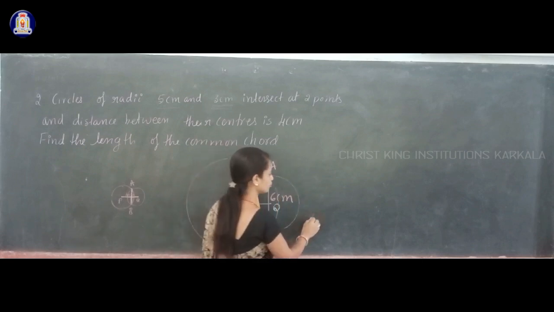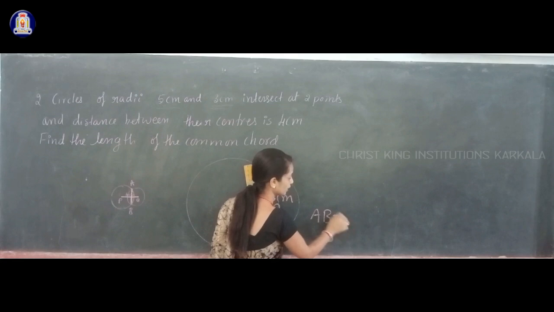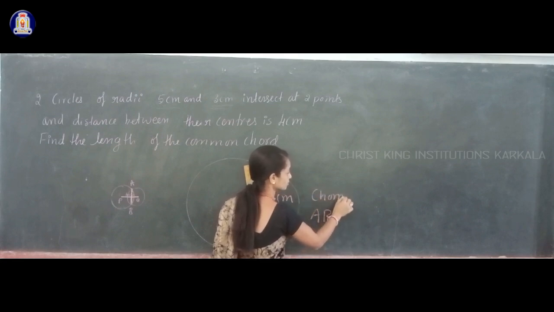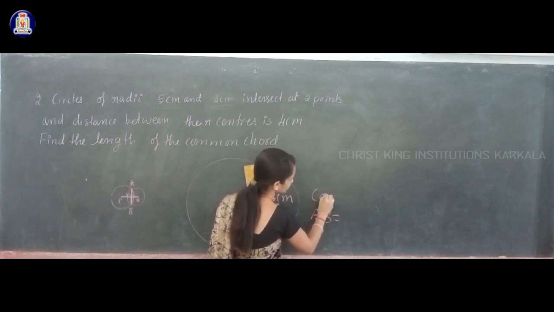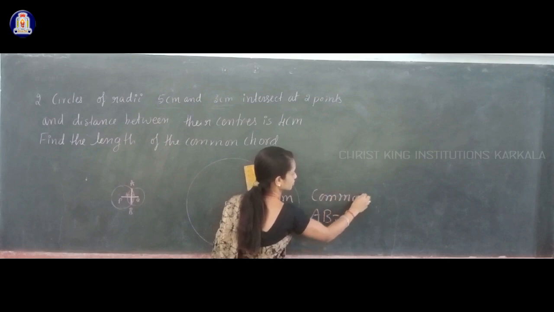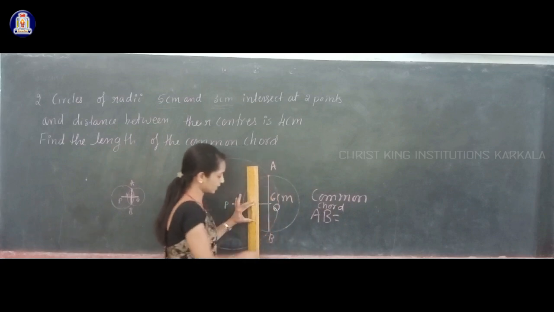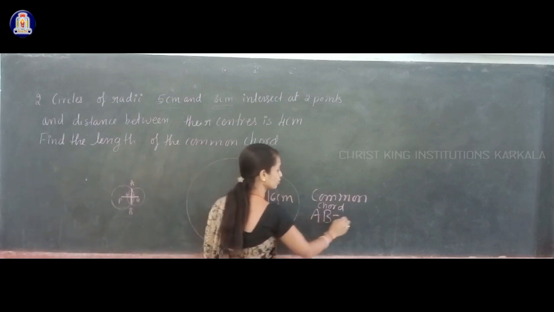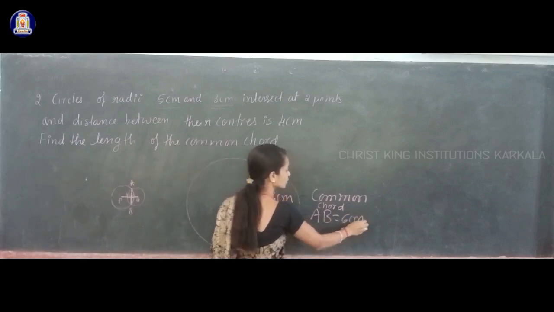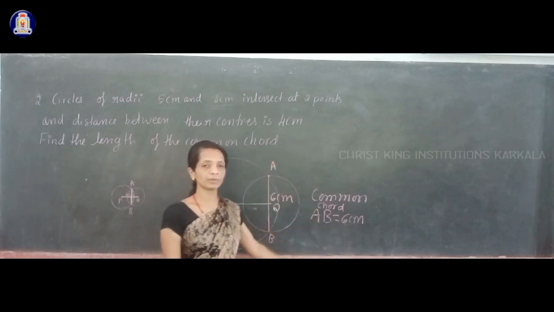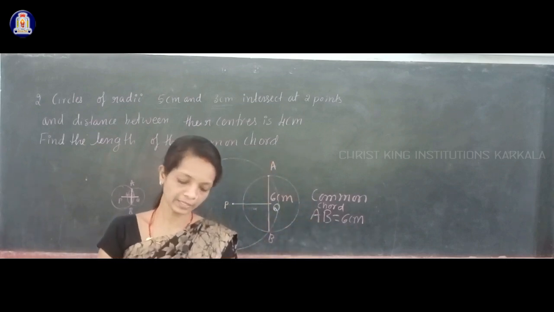So in the side of the figure or below the figure you have to write: common chord AB, and its length that we measured in the figure is 6 centimeter.